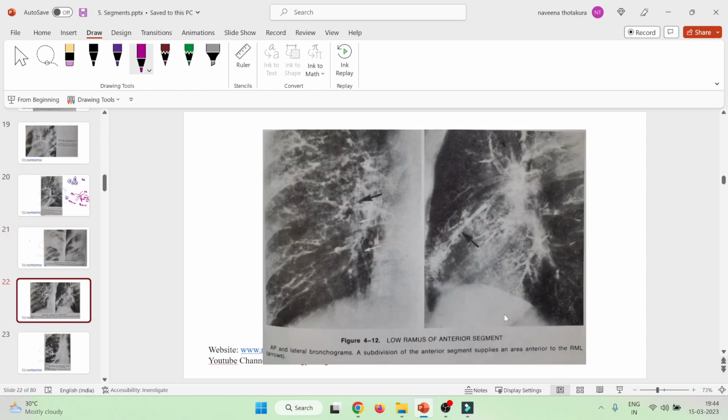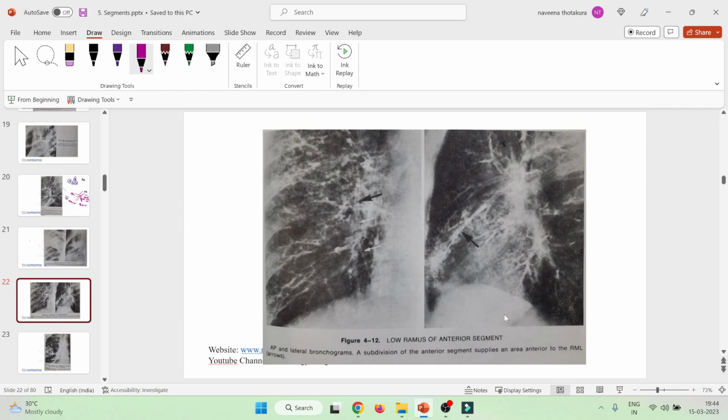So one more important thing is, why is there a fourth segment? The fourth segment can be because of overdevelopment of the lateral division of the anterior or posterior segments.